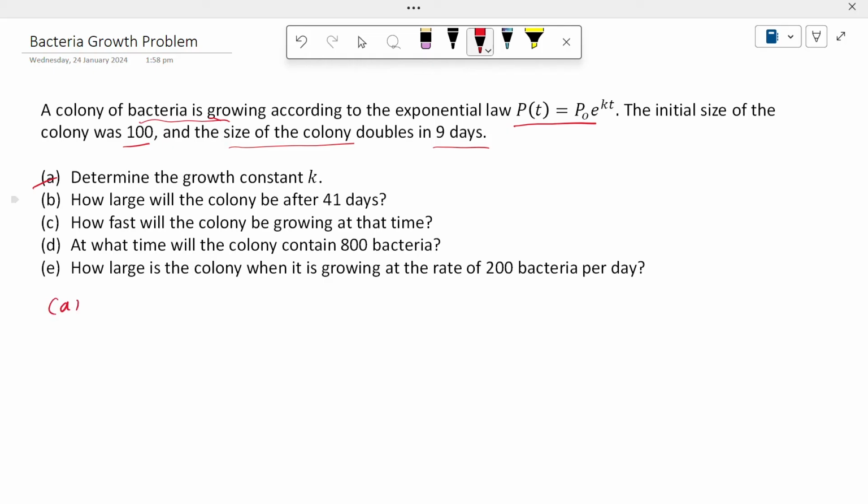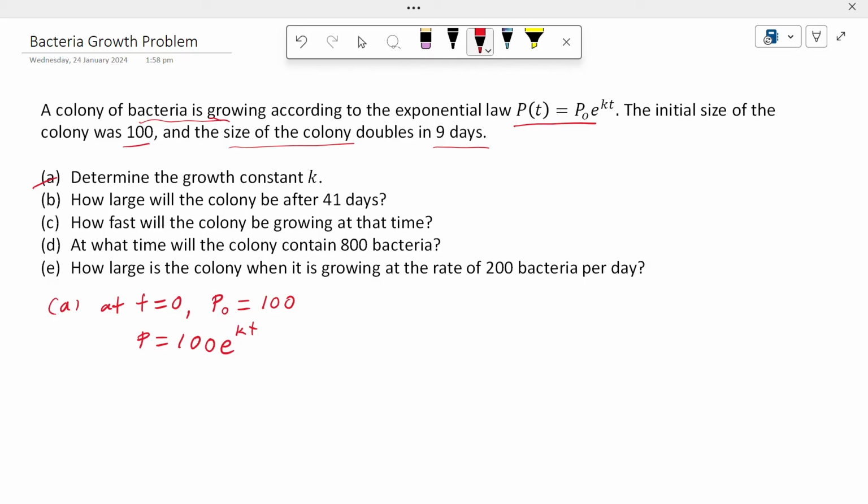Given the information, at time t equal to 0, the initial colony size, denoted as P naught, is equal to 100. So P is equal to 100 exponential kt.